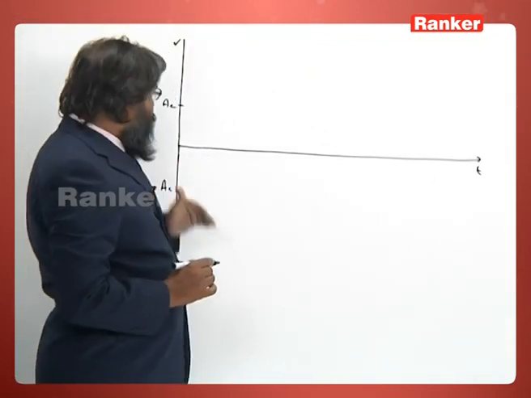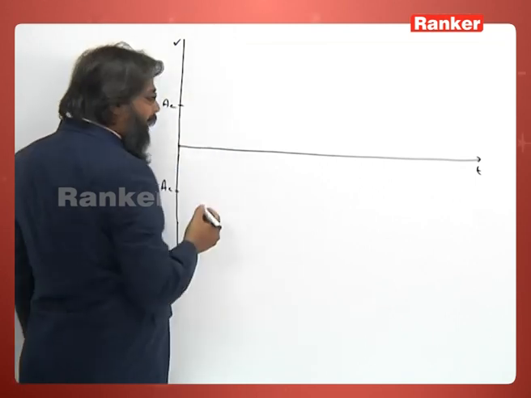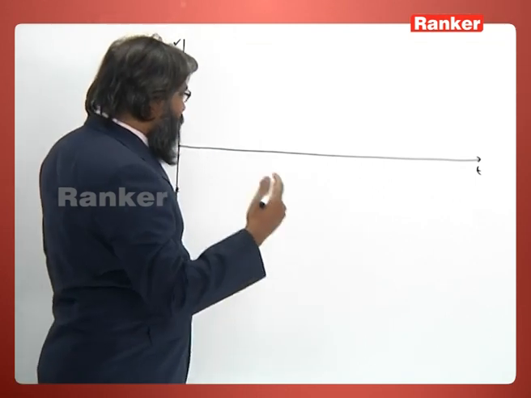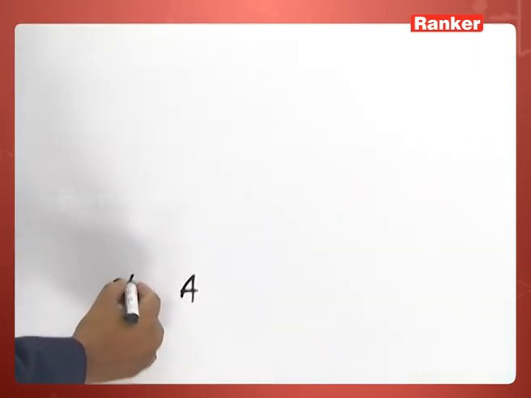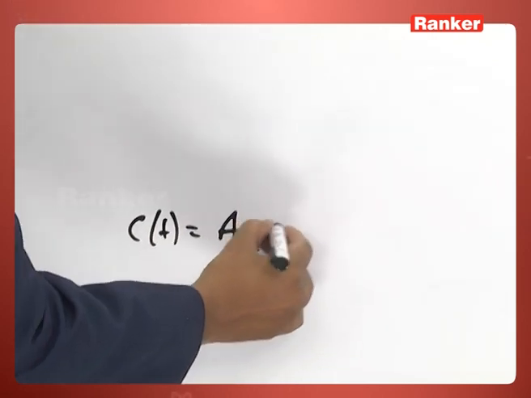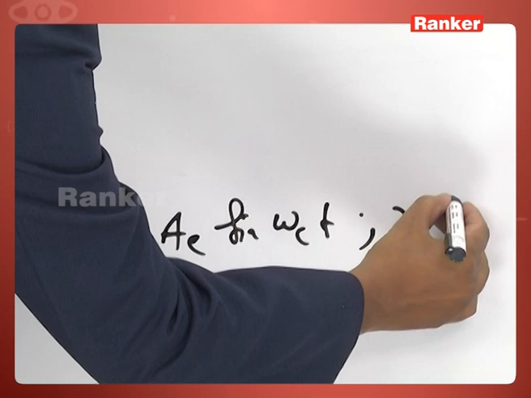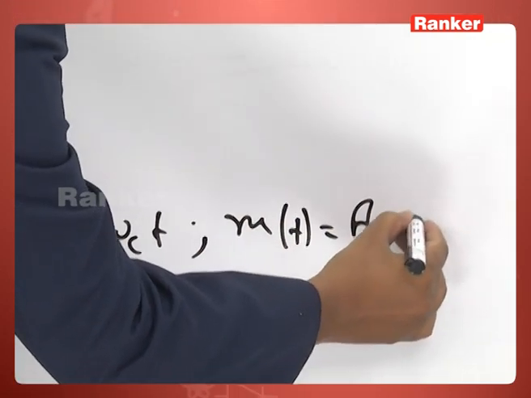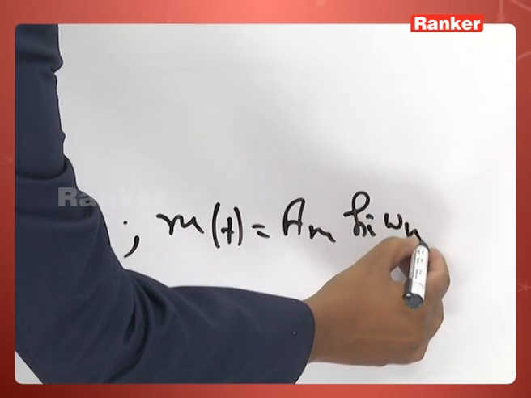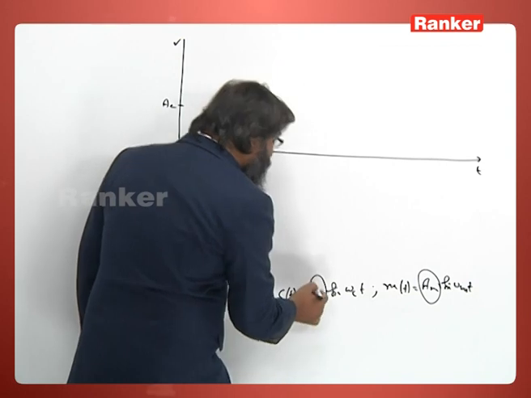Suppose the carrier wave is given by AC sin omega ct and the modulating wave is given by AM sin omega mt. So this is the amplitude AM and AC of this.